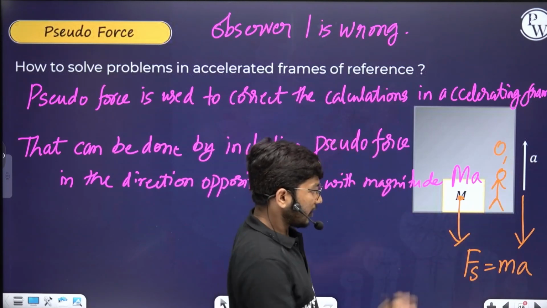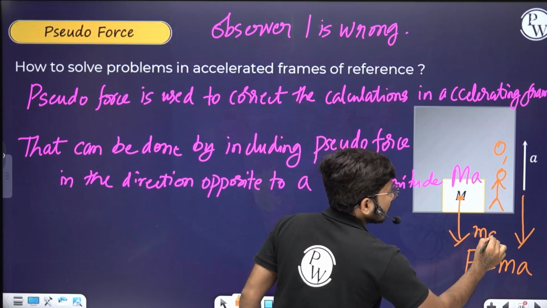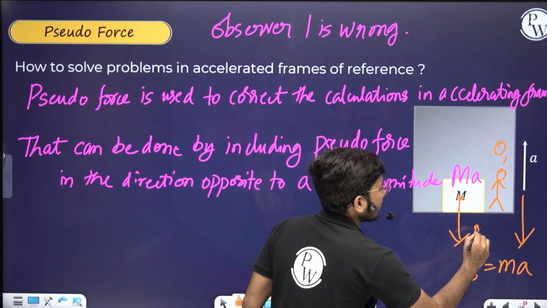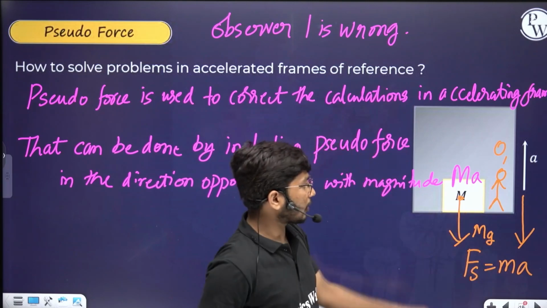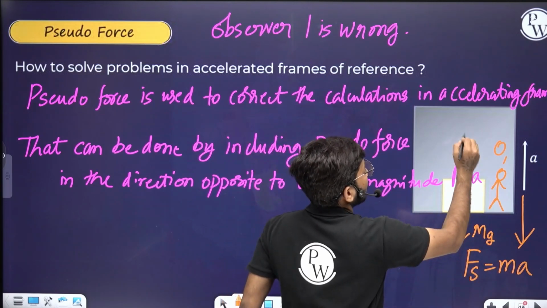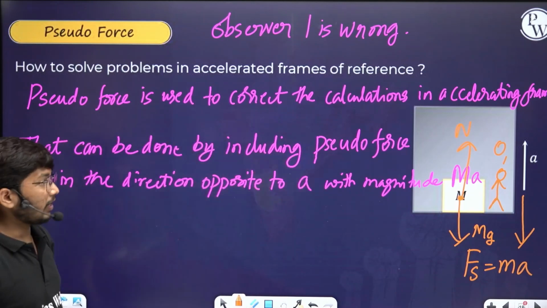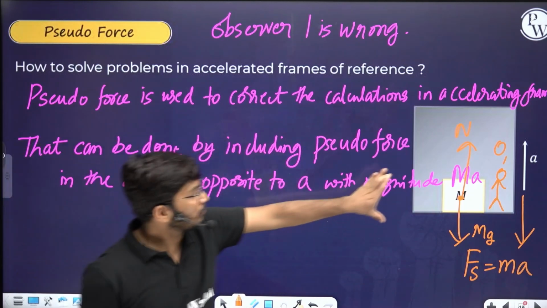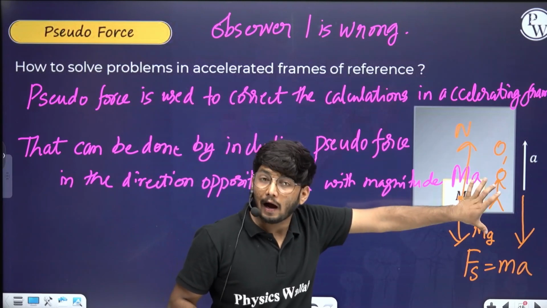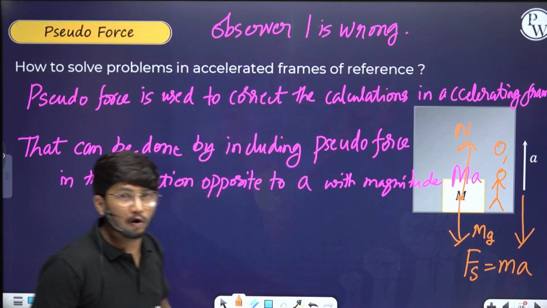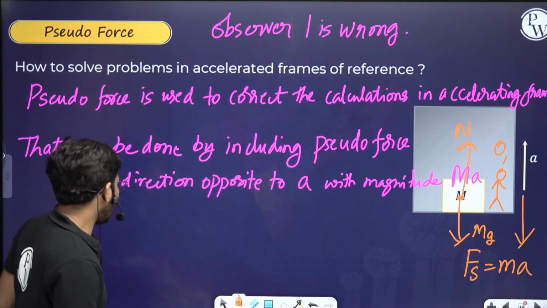There is capital M into g acting downwards, there is pseudo force acting downwards and the net normal reaction force acting upwards, right? Still, according to him, the block is in equilibrium, but we are considering one extra force, that is the pseudo force opposite to the acceleration of the frame.